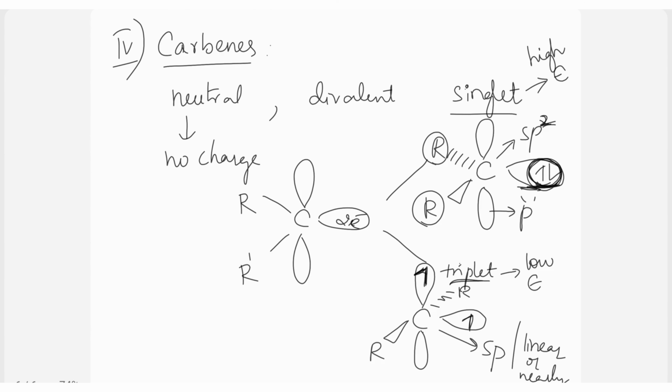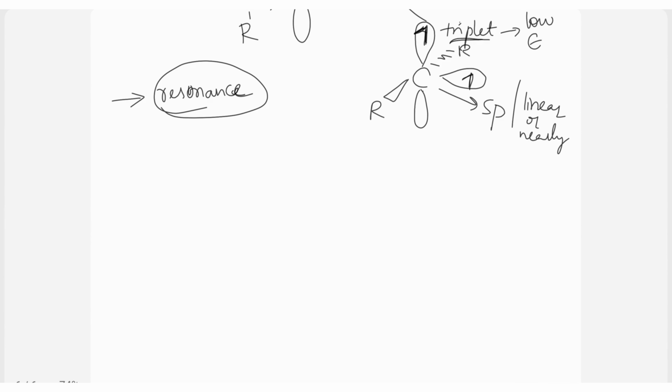So this is the basic information about carbenes, and their stability is generally supported by resonance. Resonance will support the stability of the carbenes. If we look at the decreasing order of the stability of different singlets, it is CF2 greater than CCl2 greater than CBr2.